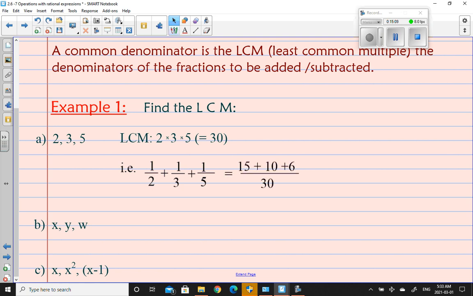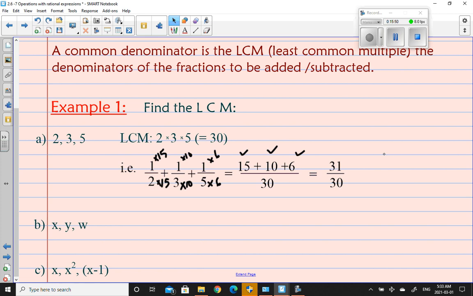And then we would multiply: 2 times 15 is 30, so you'd multiply 1 times 15 and get 15 here. 3 times 10 is 30, so you do 1 times 10 and get 10 here. 5 times 6 is 30, so you'd multiply 1 times 6 and get 6 here. And then you would add up the 15 plus 10 plus 6, and that would work out to 31 over 30, and that is the answer, right?